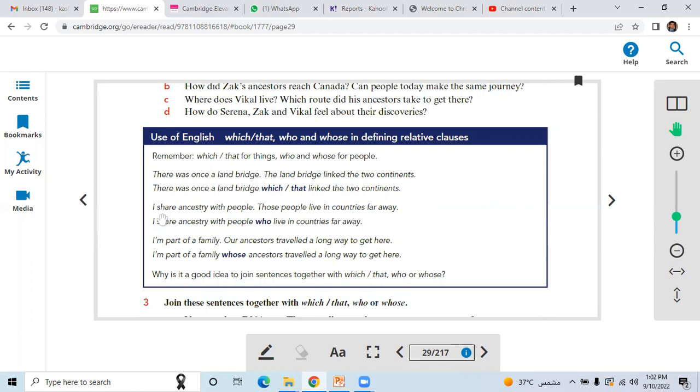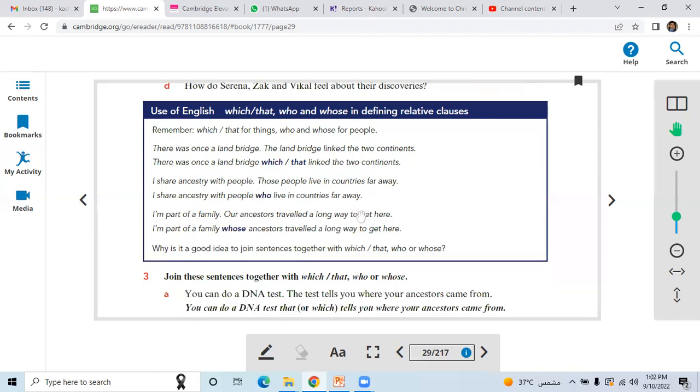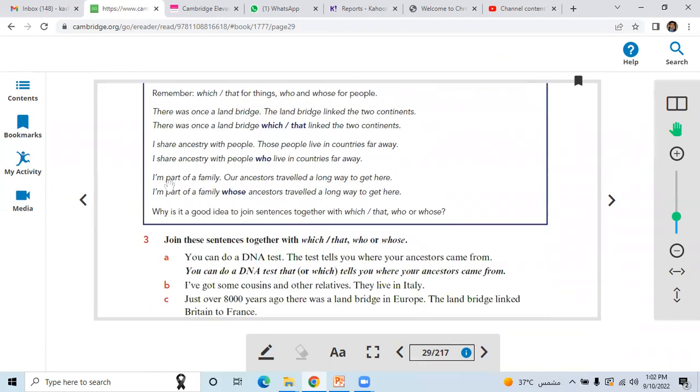Then if we talk about people, like I share ancestry with people, those people live in countries far away, you can see that I share ancestry with people who live in countries far away, because we're talking about people. And again, about people, part of a family, our ancestors travelled a long way to get here, and I'm part of a family whose ancestors travelled a long way.